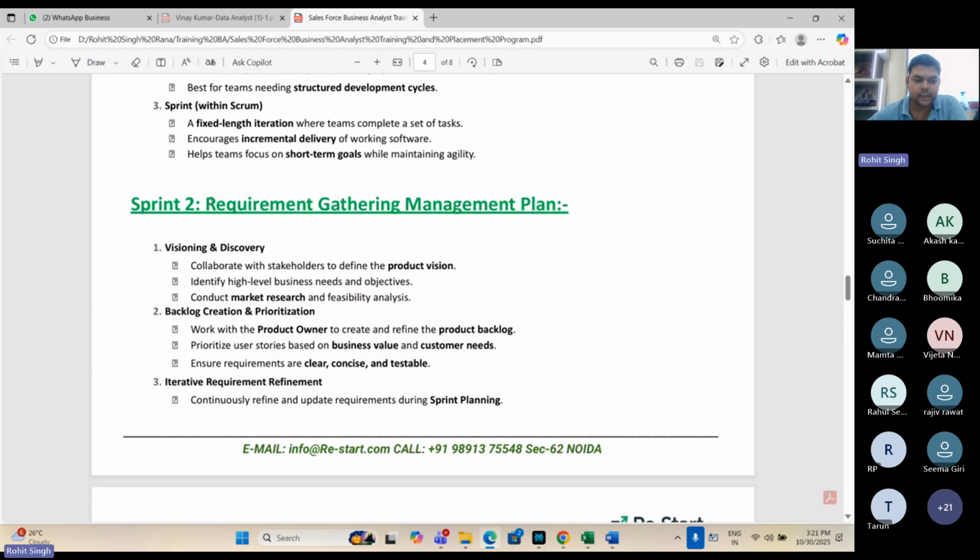This is what a requirement gathering management plan looks like. ठीक है, अब guys, एक practical change. What usually happens, this is what I experienced and this is what I used to do. It doesn't mean it has to be done with the client only.